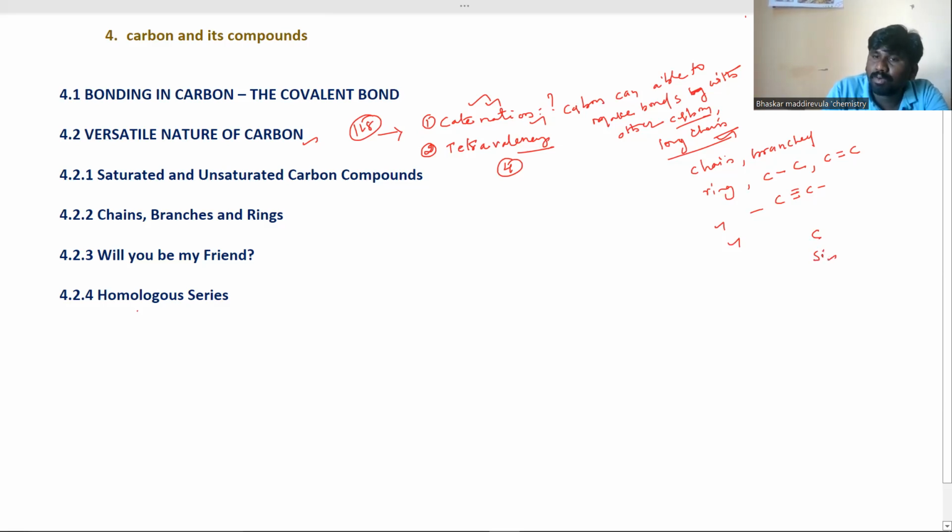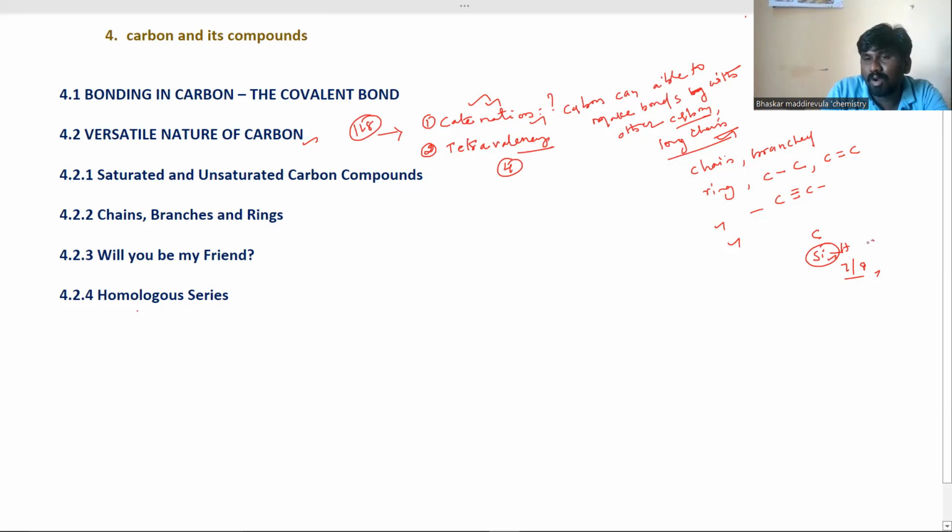With the help of hydrogen, it can make a chain of up to 7 or 8 elements.